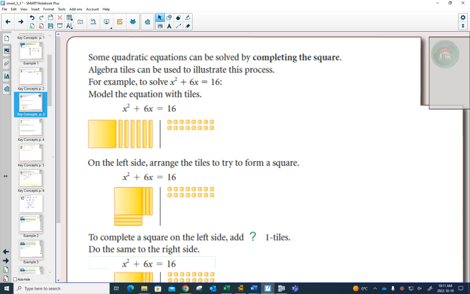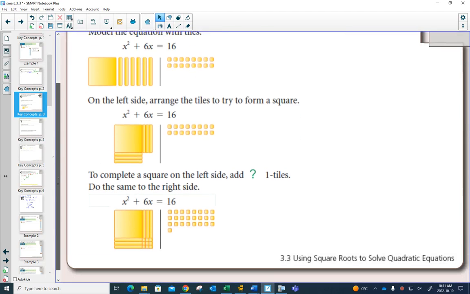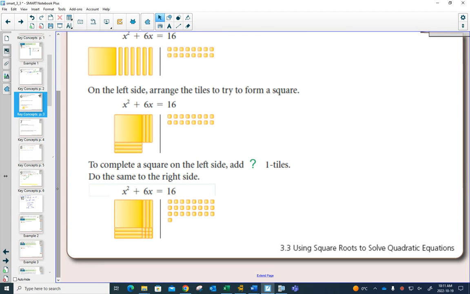If you arrange the x squared plus 6x almost into a square, by putting the x squared, 3 of them there, 3 of them there, you are missing a little bit. What would you have to put into that little bit to complete the square? You would have to put 9 little squares. So they're showing visually that you actually have an incomplete square that you're trying to complete.